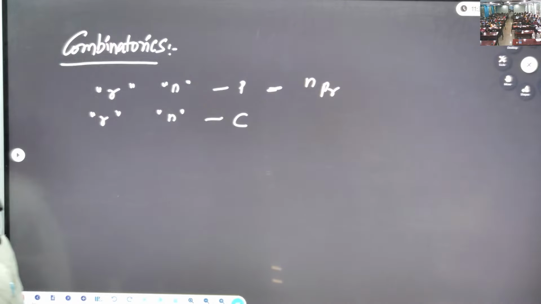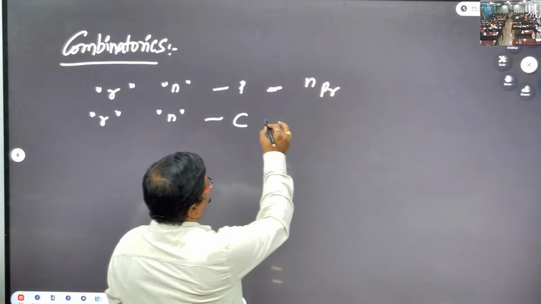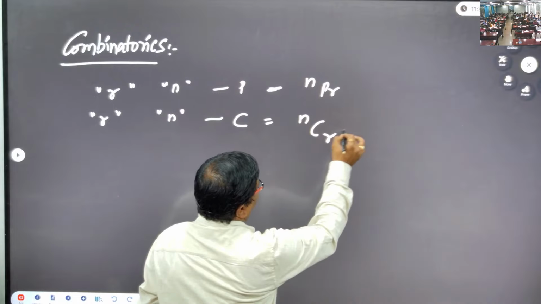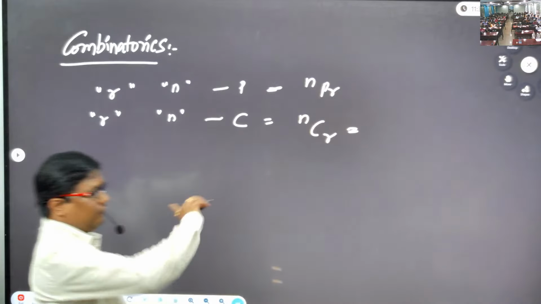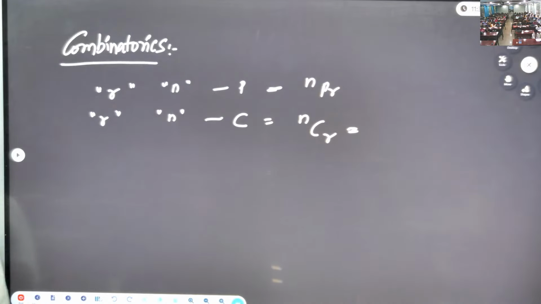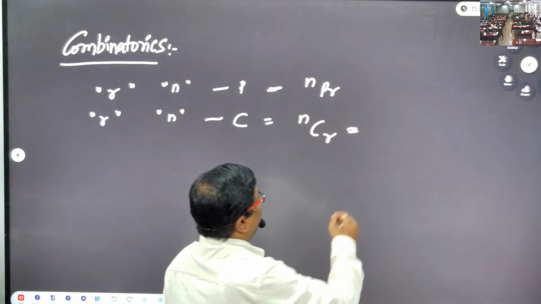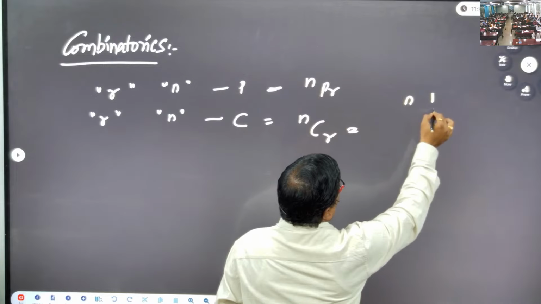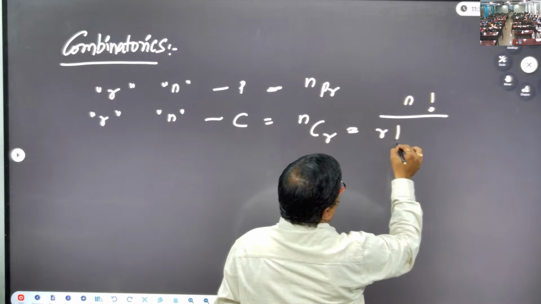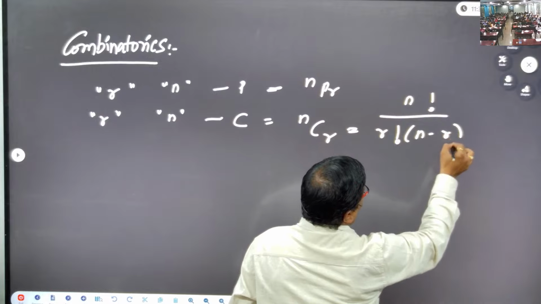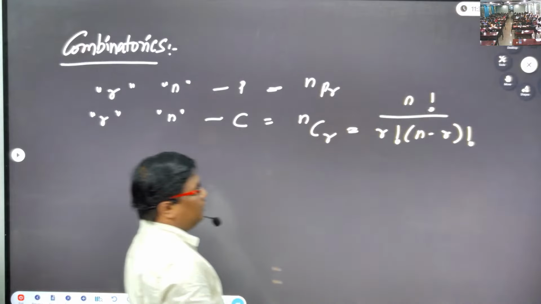What is the formula for your combination? nCr. Have you remembered the formula? nCr is n factorial by r factorial into n minus r factorial. That you remember.